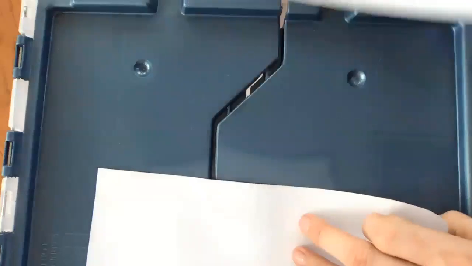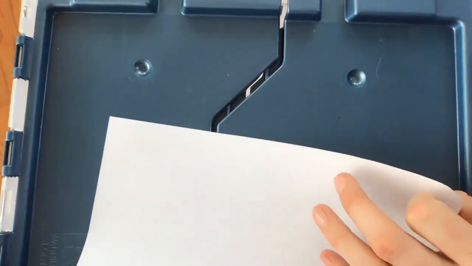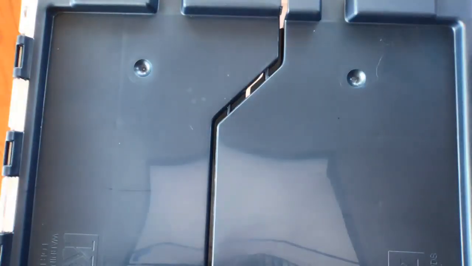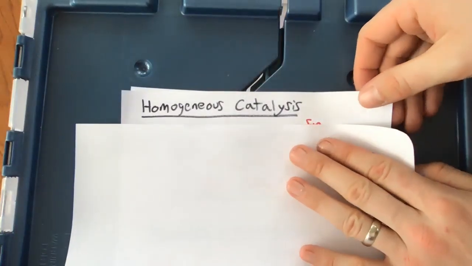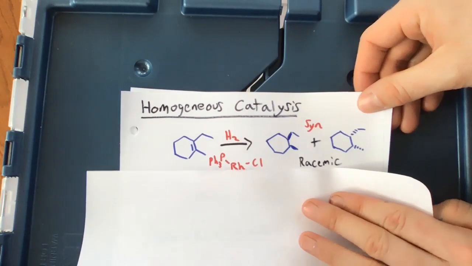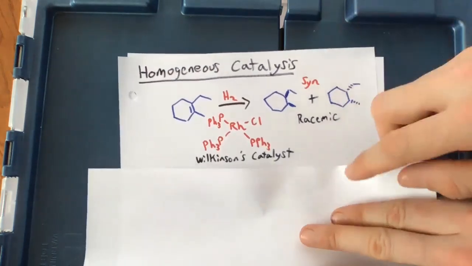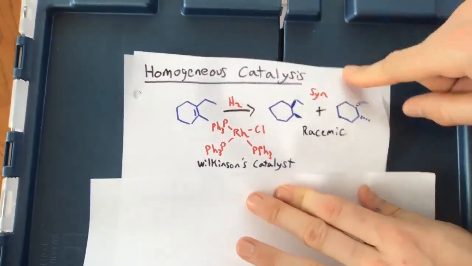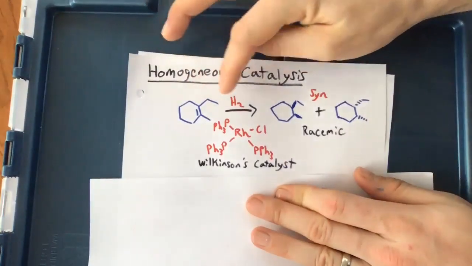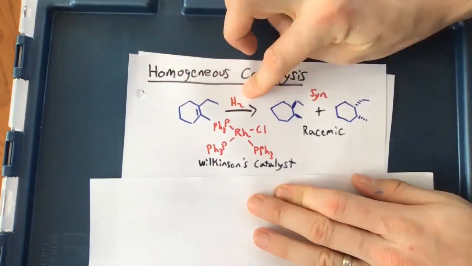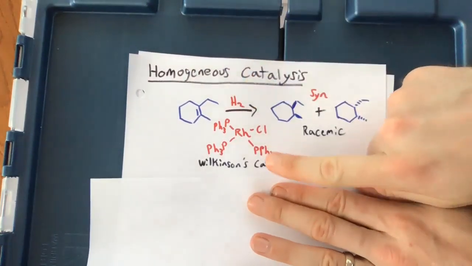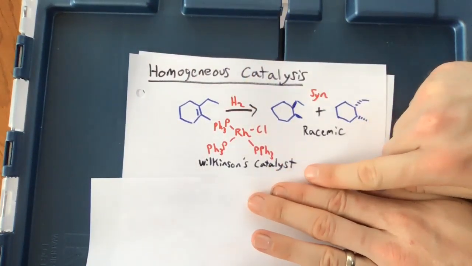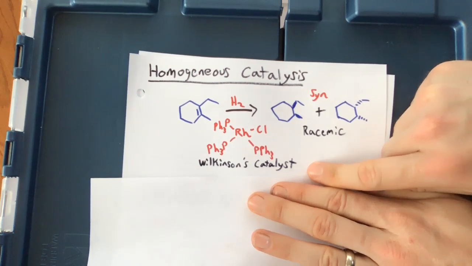As I said, we don't have to have heterogeneous catalysis. We can have what's called homogeneous catalysis, where the catalyst is in the same phase as the reactant. In this case, you have a cycloalkene, as we saw before, reacting with hydrogen gas under pressure, but this time the catalyst is this rhodium catalyst that is also dissolved in the reaction mixture.